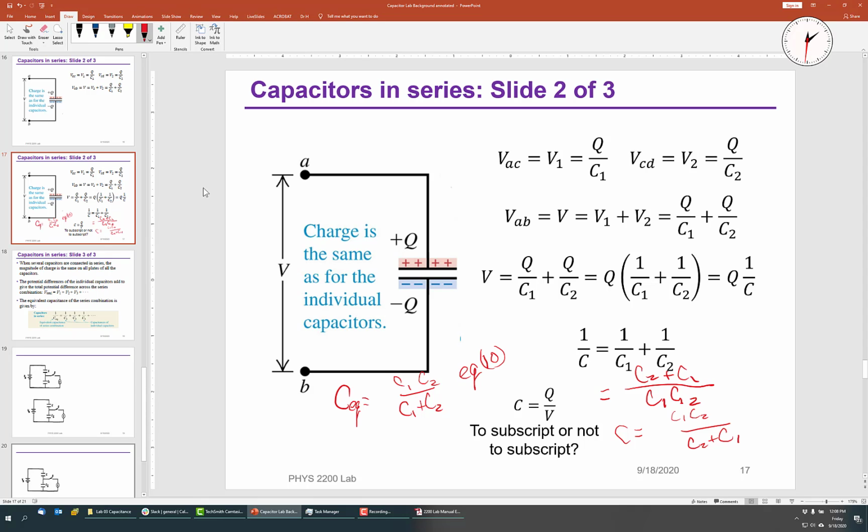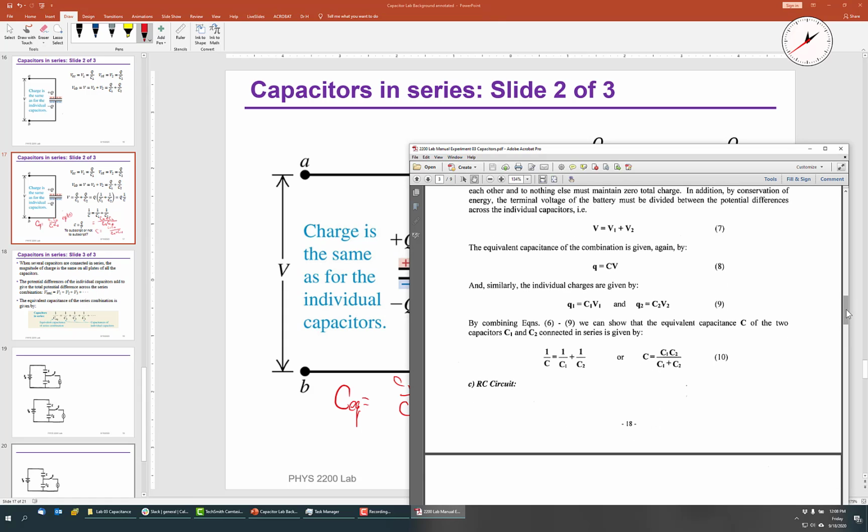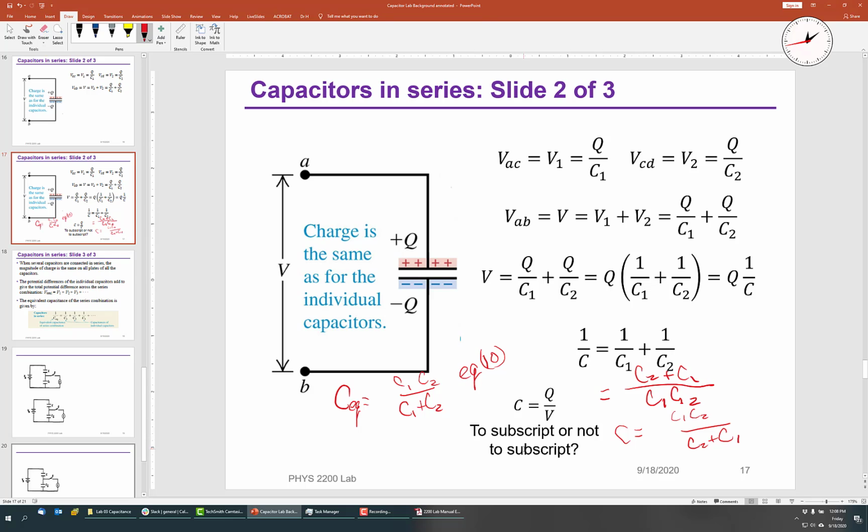Let's see what page. Of course, it can't see it. Page 18. Well, that's dubious. It looks like it's page 18 on the bottom. So page 18 of the manual, and in my case, it's page 3 of the PDF of the manual.